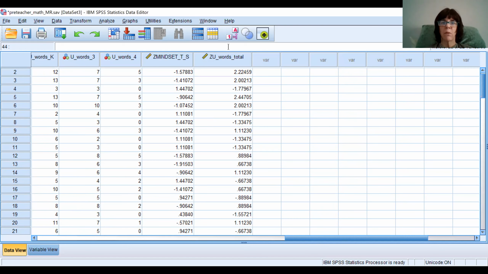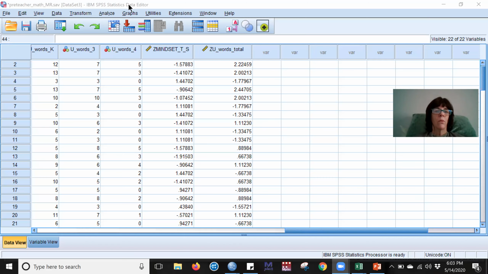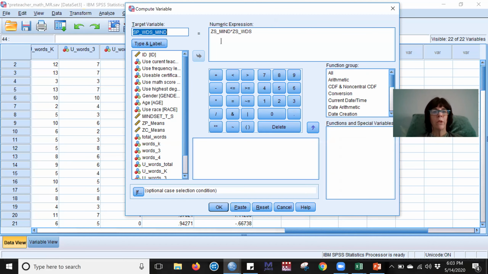If we go back to that whiteboard, which I hope I didn't erase, you'll see that we need to take the product of the two variable z-scores to get the correlation. So, returning to SPSS and creating a new variable, we're going to create something called SP. I'm just going to ask for the products of the words and the mindset variables.